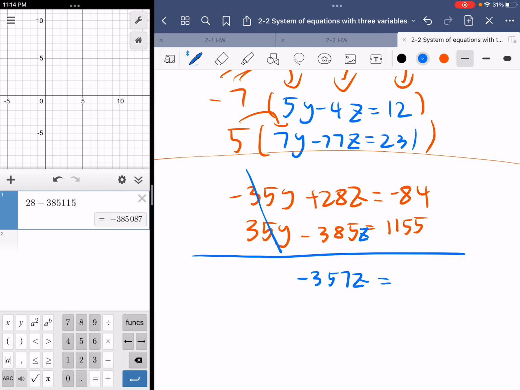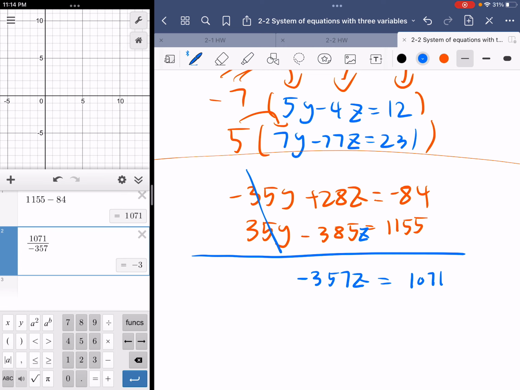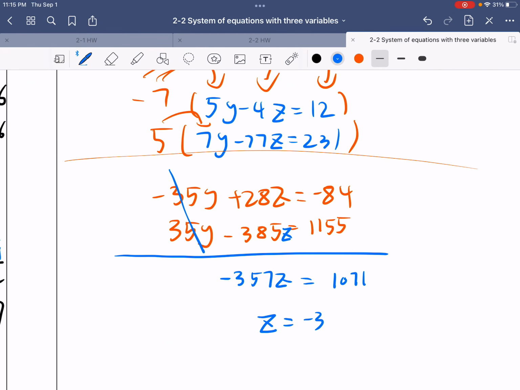And 1155. So this one is this one. Negative 84 plus 1155 is this. Alright. I wish I did not make any mistake. Divide by negative 357. Yes! Do you see? z is equal to negative 3. I did not make a mistake, guys. You have to praise me here.